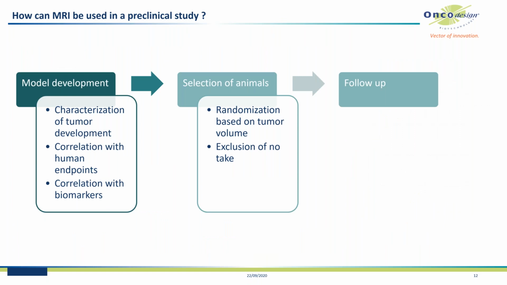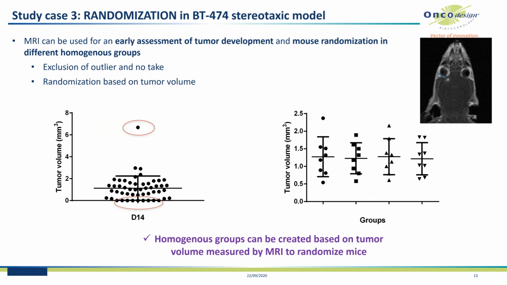Then, when you have a model that is well characterized, you can use it in an efficacy study. And first, you can use MRI to randomize your study based on the tumor volume. In this example, MRI was used at an early time point to evaluate the tumor development in each mouse, and to determine if some animals have to be excluded from the study.